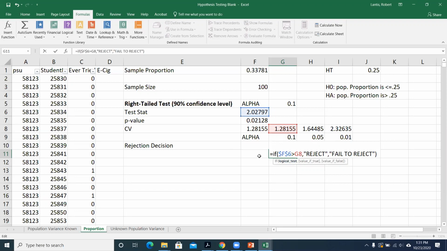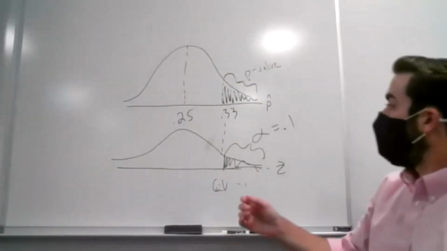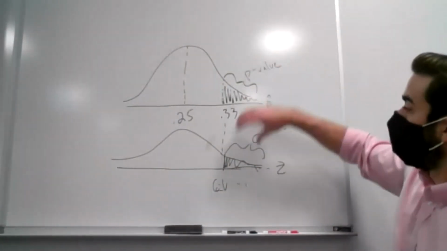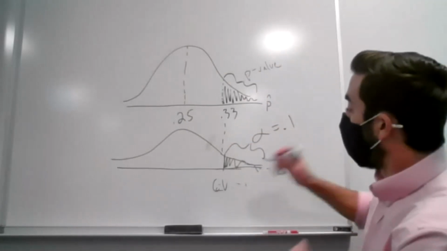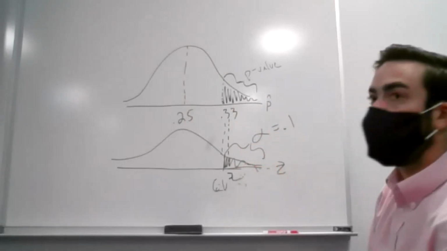All I'm really doing there is using that IF statement to do what I was doing before with that visual of plotting my test statistic, plotting my critical values and the rejection regions. If the test statistic's in the rejection region, then we reject. So for the first one, we get the exact same rejection decisions, because instead of comparing our p-value to alpha, we're comparing our critical value to the z statistic that we ended up finding, right?